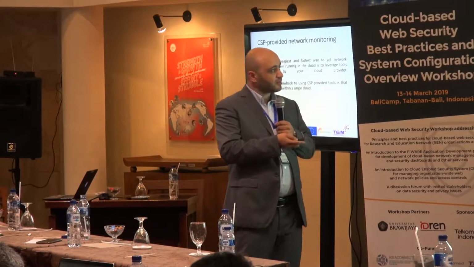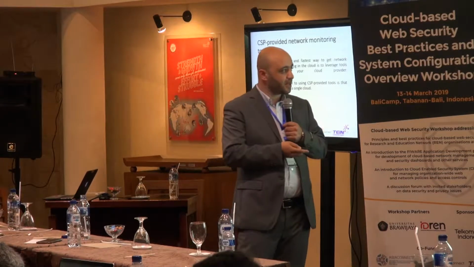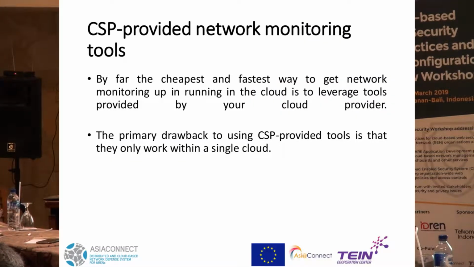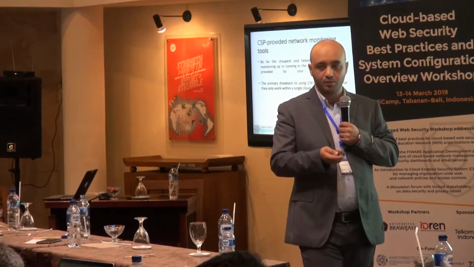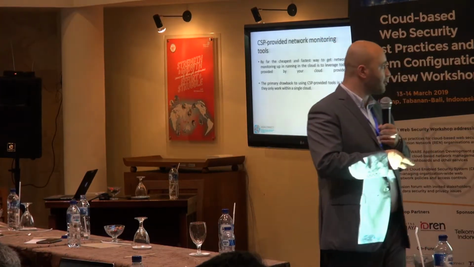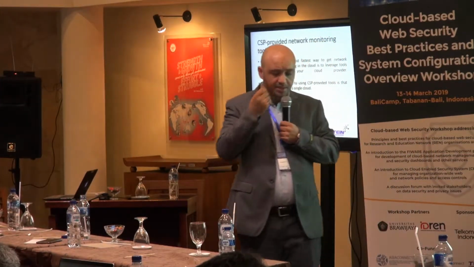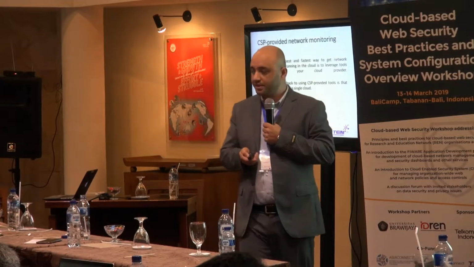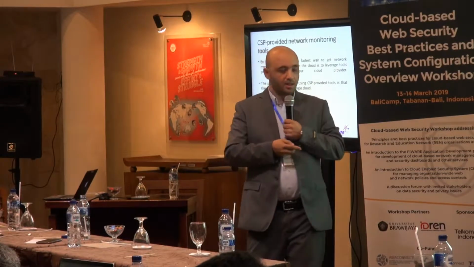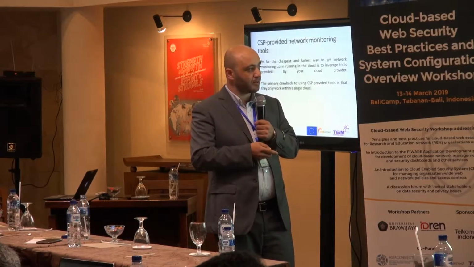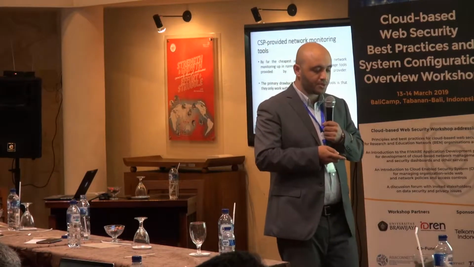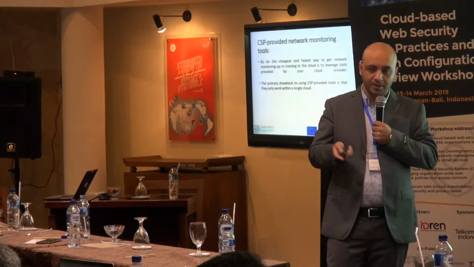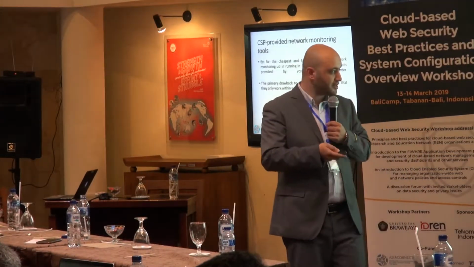The cloud service provider option is by far the cheapest and fastest way to get network monitoring up. An example of this, if we're talking about Amazon, is CloudWatch. CloudWatch is a cloud service provider tool that gives you the ability to monitor the cloud. For example, for EC2, elastic computing, it can give you options to monitor inbound and outbound traffic or CPU utilization.